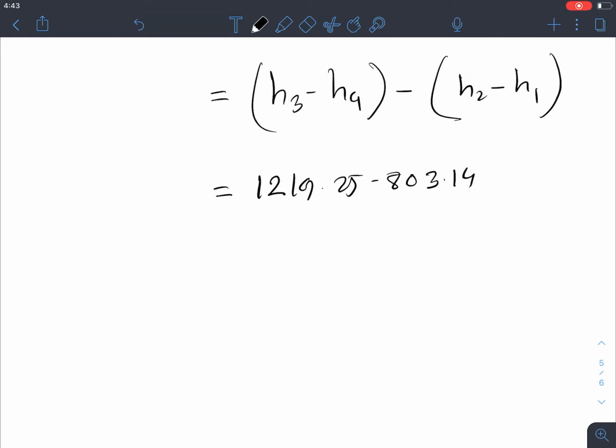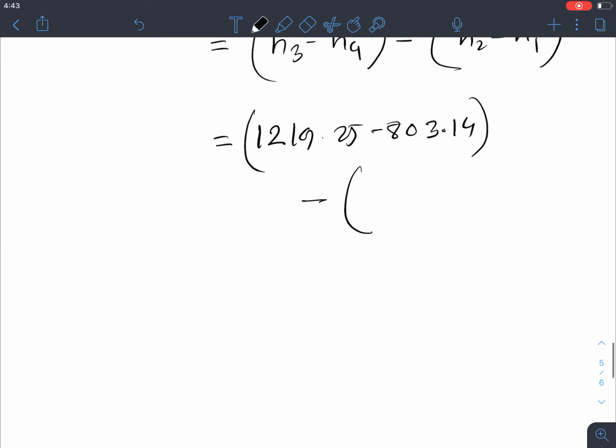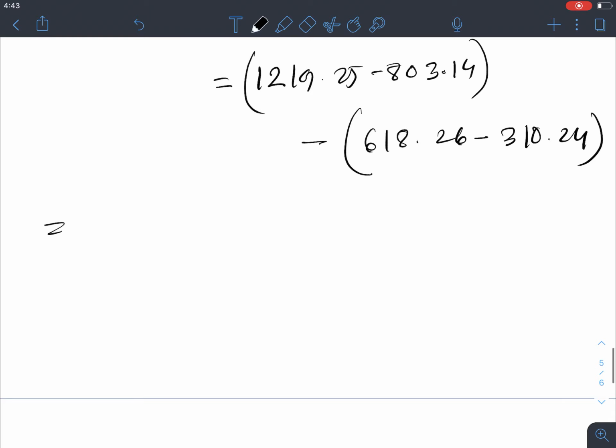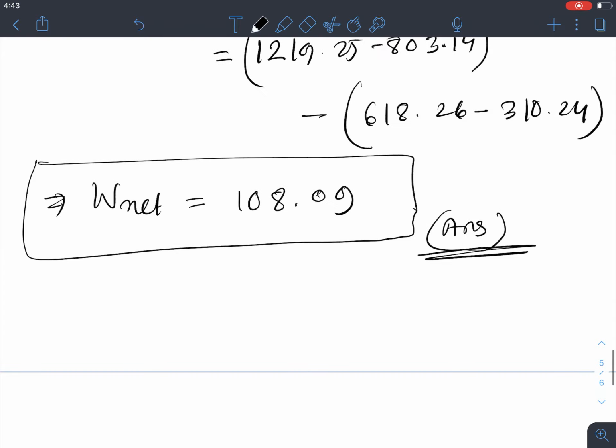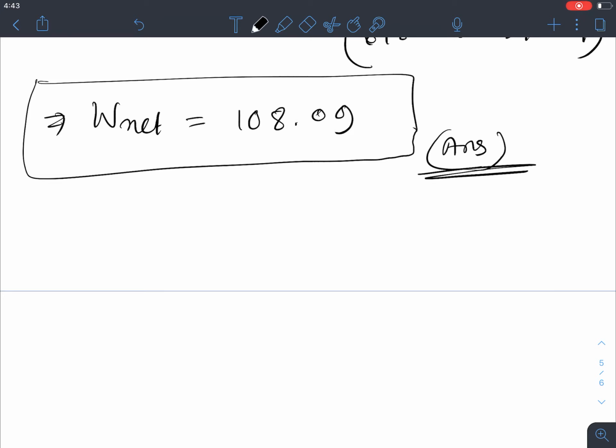So if we plug in all this information, 1219.25 minus 803.14, minus H2, which is 618.26, minus 310.24, and we solve this, we'll get net work output equals 108.09. So it's a positive quantity, and this much work is produced by this regenerated Brayton cycle.